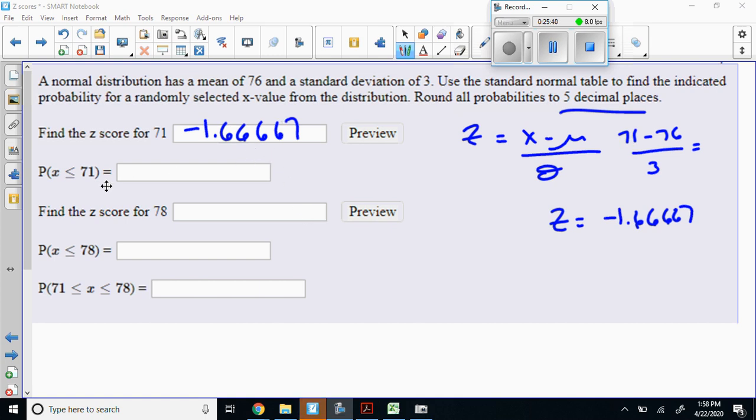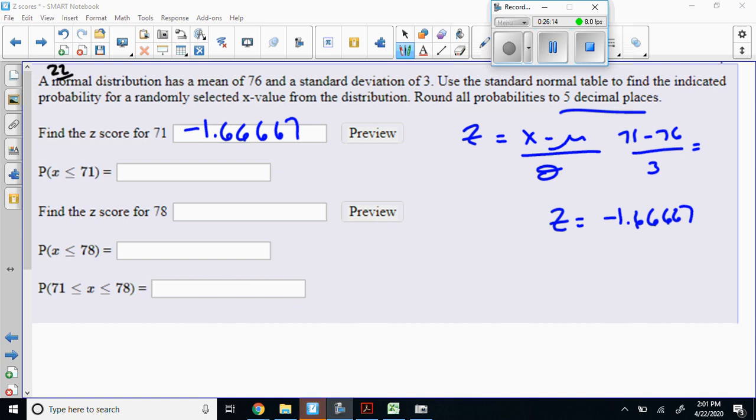Okay, now, what's the probability that it's less than 71? So we got to go to the table. All right, for this problem, number 21, 22.